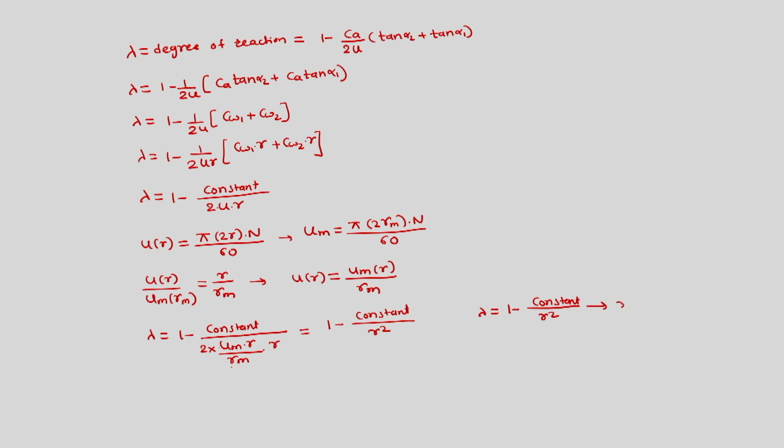So if R increases, that means if the location from the blade root increases, then the degree of reaction increases for the axial compressor which is designed with free vortex principle. So this is how we would work for the design of axial compressor and the associated derivations.